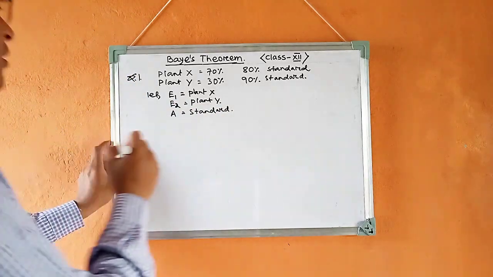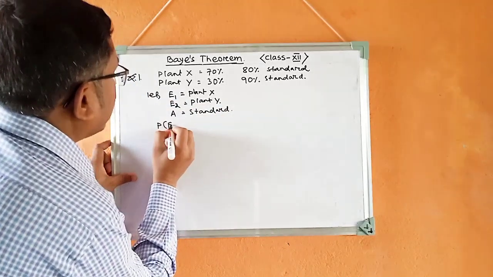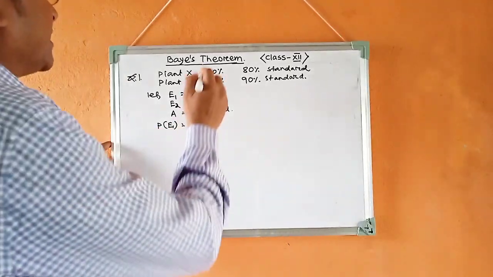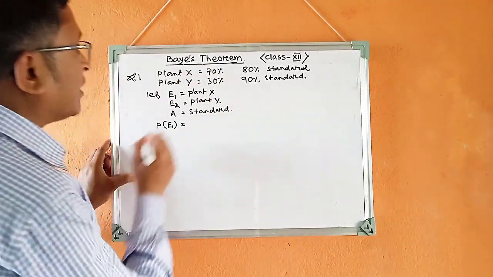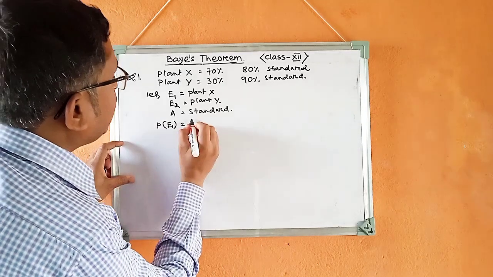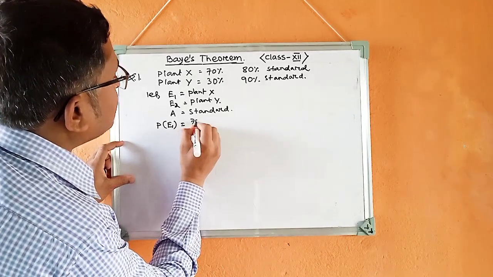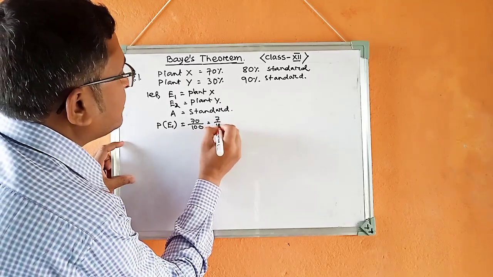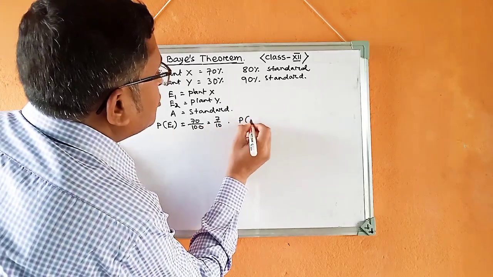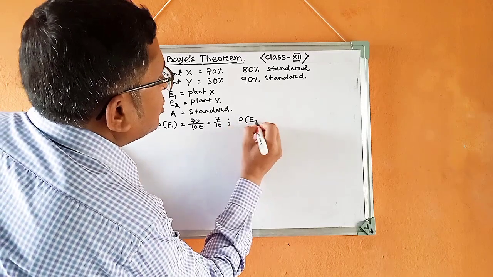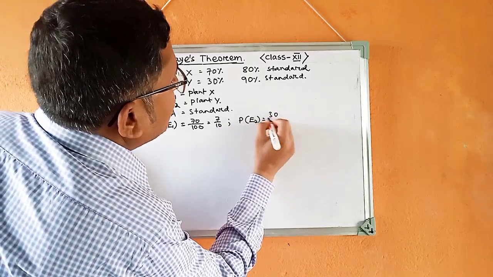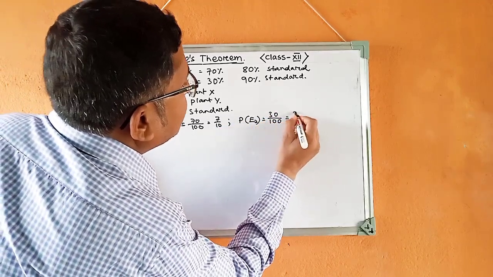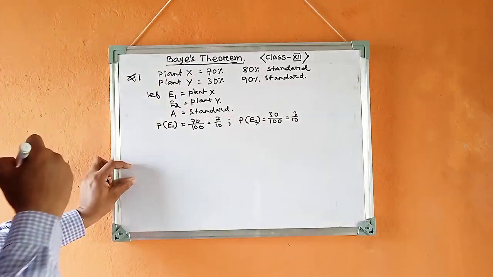First, the probability of E1: 70% of cars are produced by plant X, so P(E1) equals 70 divided by 100, that means 7 by 10. And P(E2) equals 30% of the cars, that means 30 divided by 100, that means 3 by 10.